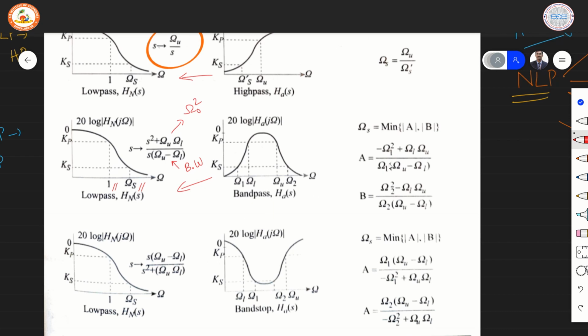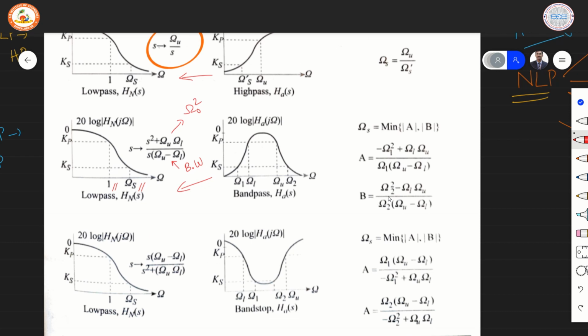In this case also, the backward design equation to determine the value of omega S from the specifications is as follows. First, we determine a quantity called A, which is given by minus omega 1 square plus omega L times omega U, divided by omega 1 into (omega U minus omega L).